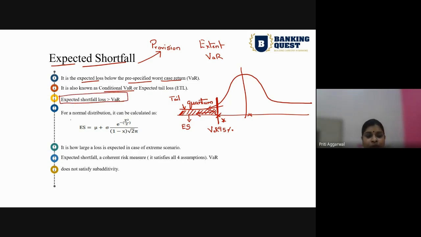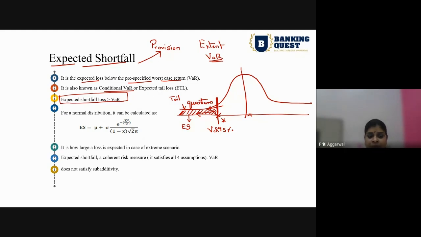Okay. For a normal distribution, because what we are assuming in the case of VAR also is that my returns are normally distributed, if I continue with the same assumption of normal distribution, the expected shortfall can be calculated by using this formula, right?